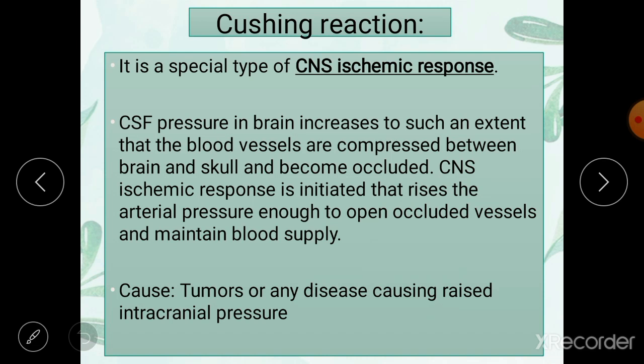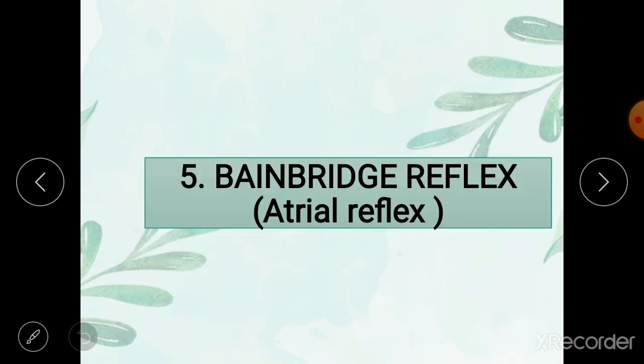And this is going to result in CNS ischemia and CNS ischemic response. But what is the cause? The cause is raised intracranial pressure, which can be due to cancers or tumors, or which can be due to increased cerebrospinal fluid within your brain. So this is the Cushing's reaction, which is a type of CNS ischemic response.